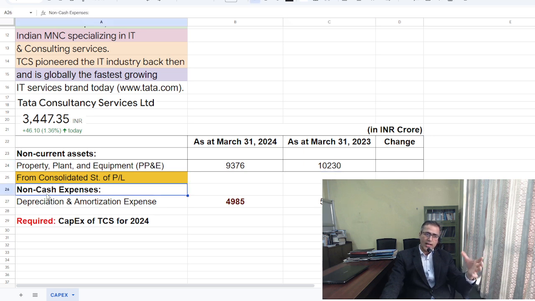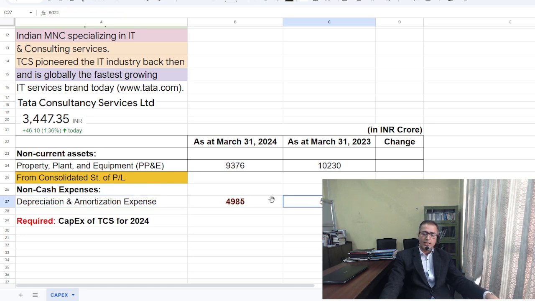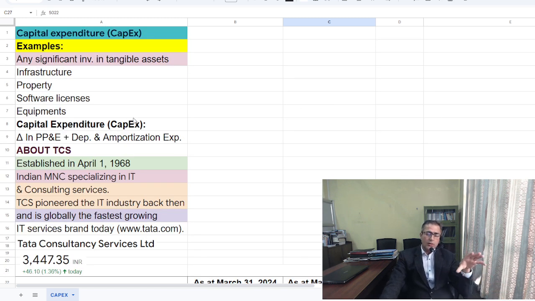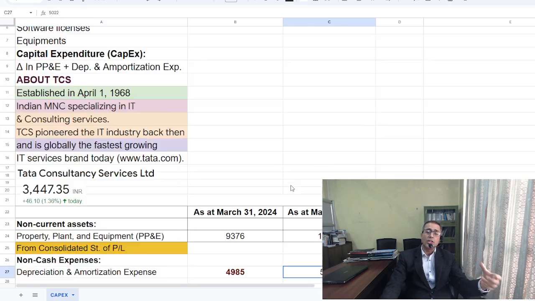Now, the non-cash expenses, that is depreciation and amortization, you'll find from the consolidated statement of profit and loss, you can say the income statement. I just organized this information because, before using the equation, you need to understand what the change in property, plant and equipment is, right? And then there is the depreciation. We have to add the depreciation and amortization expenses for the current year.